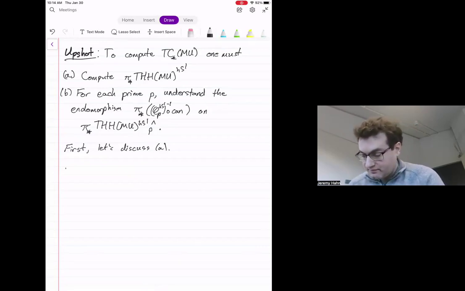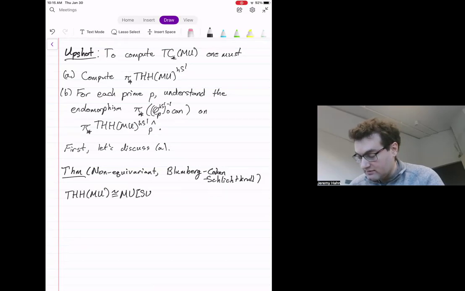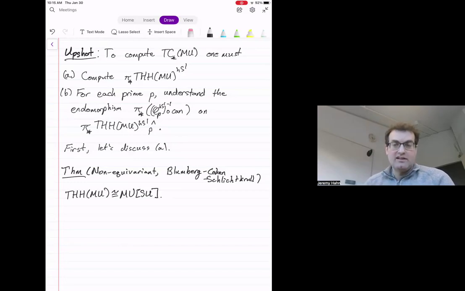So here's a theorem, which is non-equivariant, and it's due to Blumberg, Cohen, and Schlichtkrull. And it says that THH of MU is MU smash SU_+. Okay, so non-equivariantly, THH of MU is just the MU homology of SU.